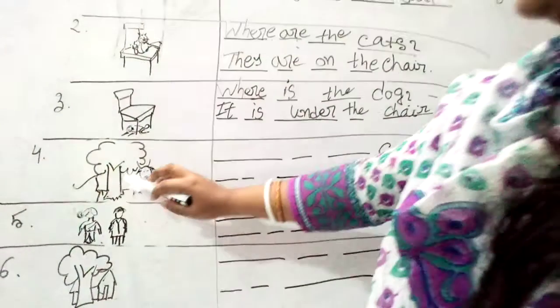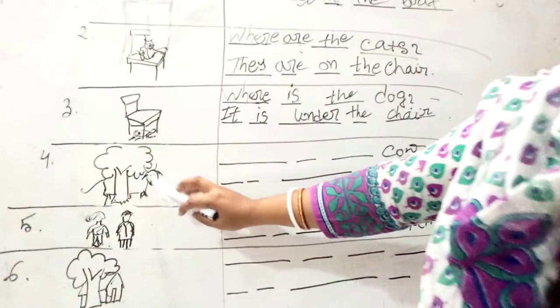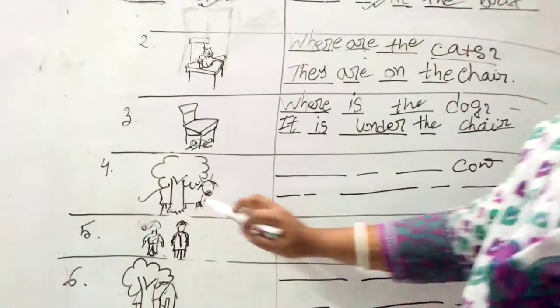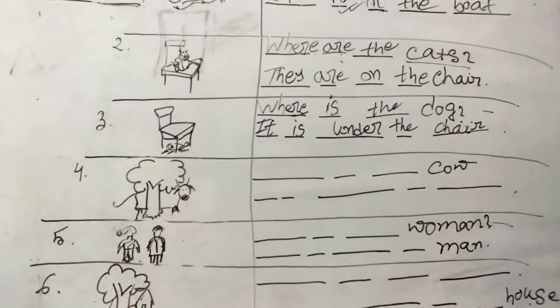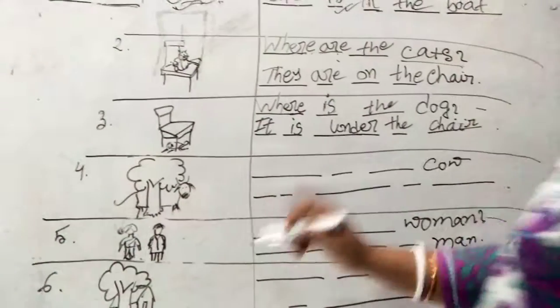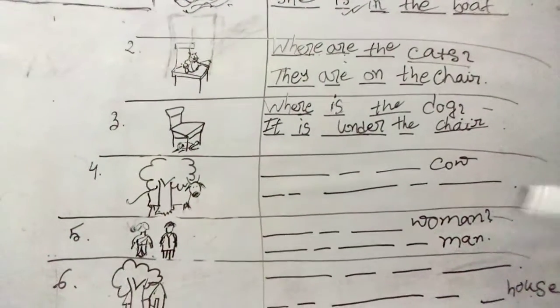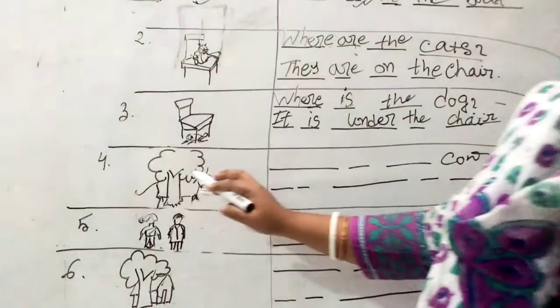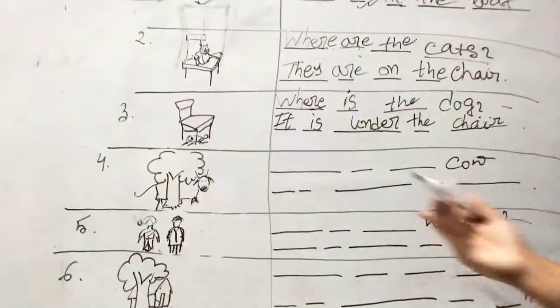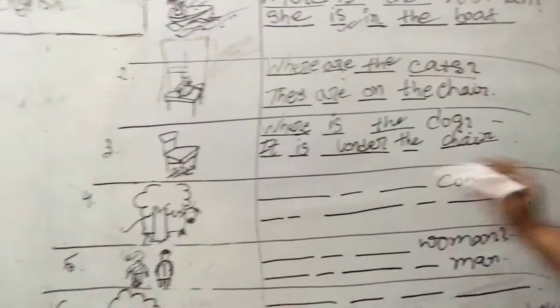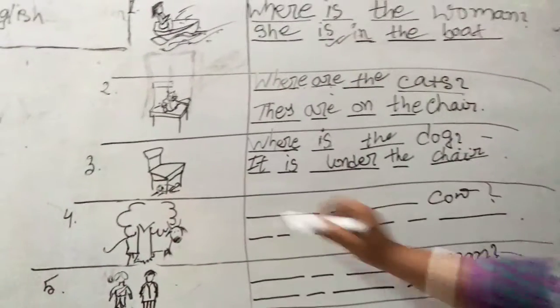See here, it's a tree and behind the tree there is a cow. So basically we have to sense where the cow actually is. Behind the tree we can see the cow. So we have to first complete the question.